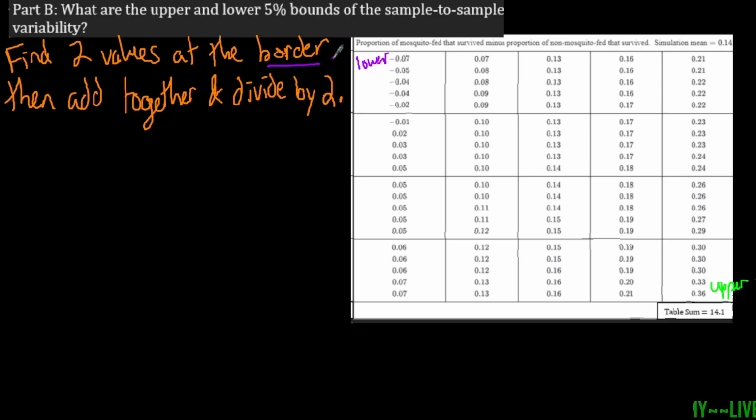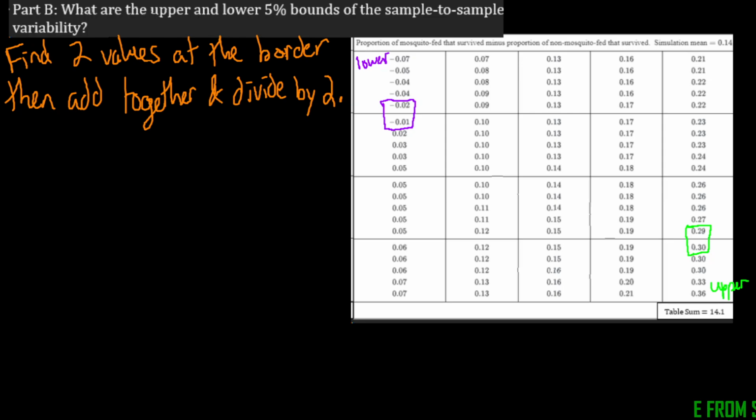Here are the 2 numbers on the border for the lower bound, and here are the 2 numbers on the border for the upper bound. What we have to do is, like I said, add them together and divide by 2.